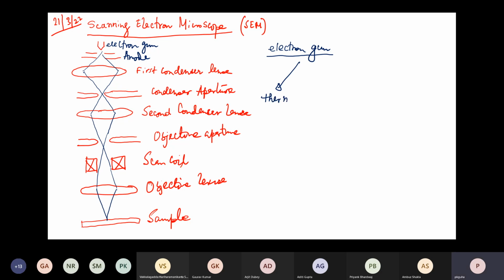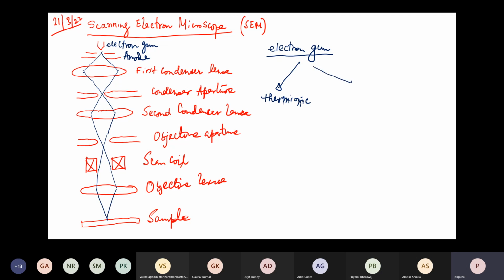What is thermionic? As the name suggests, you heat up the electron gun, and it then emits electrons. If the energy is good enough to remove the electron, then the electron will come out. So if the energy is more than that of the work function, then the electron will come out. So this is the thermionic method.